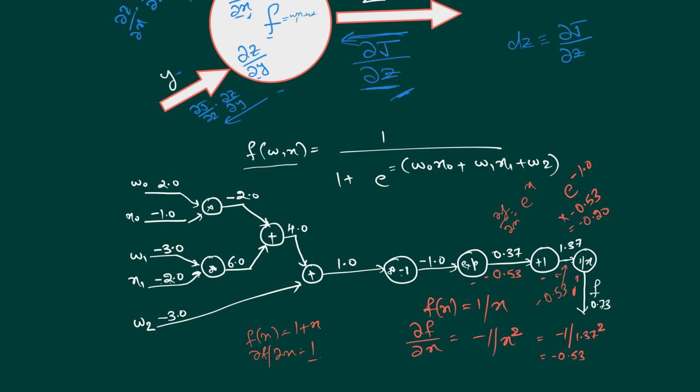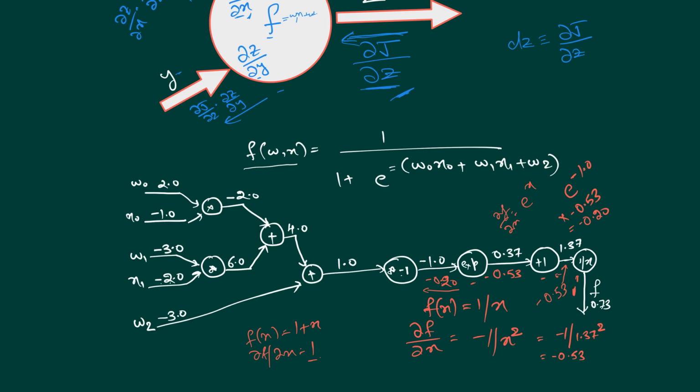Apologize for the handwriting out here. I should have made the graph a little bit bigger, but this value is minus 0.20, and it's moving, and again we are going in this direction.